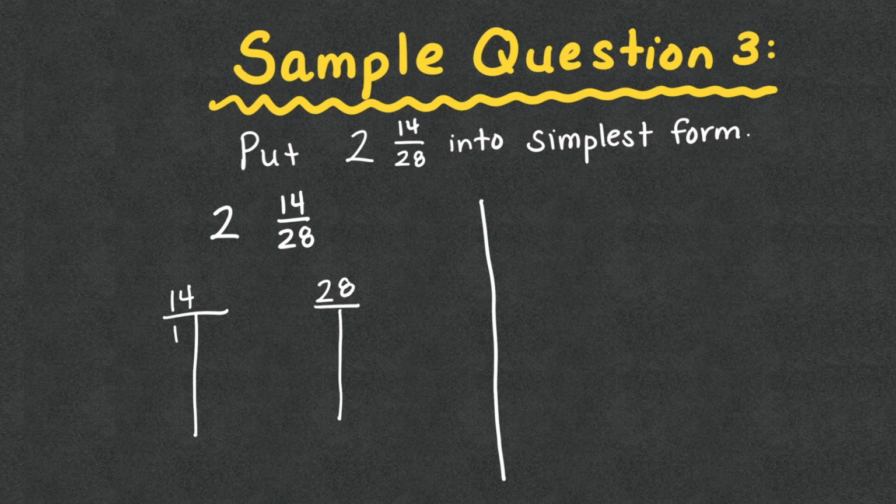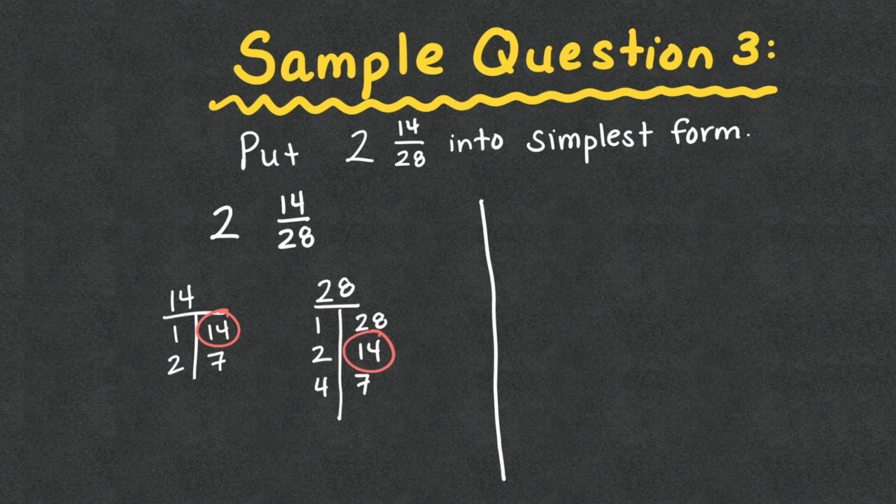So 14, that's 1 times 14, 2 and 7. We don't need all that space. So now we can go to 28. That's 1 times 28, split it in half. That's 2 times 14. 3 doesn't work, and we have 4 times 7. 5 does not work, 6 does not work. So if we see here, we see the greatest common factor for both of these is 14.